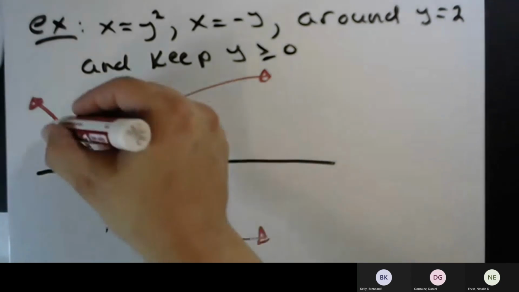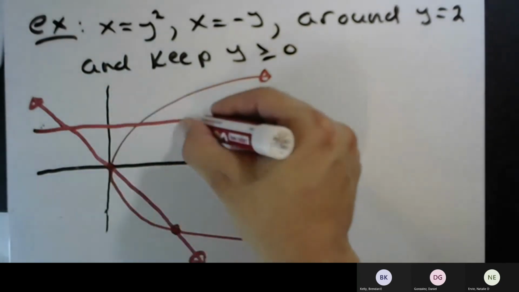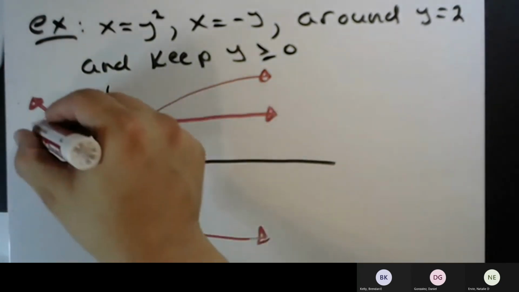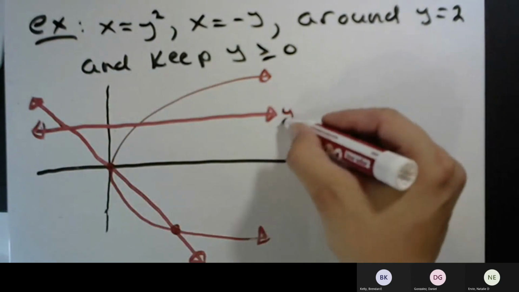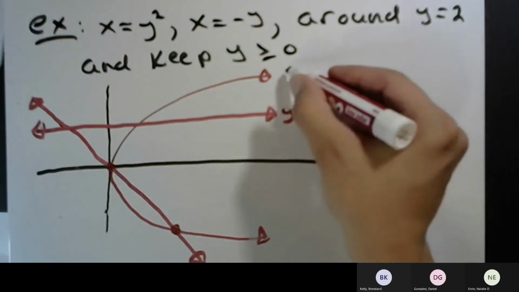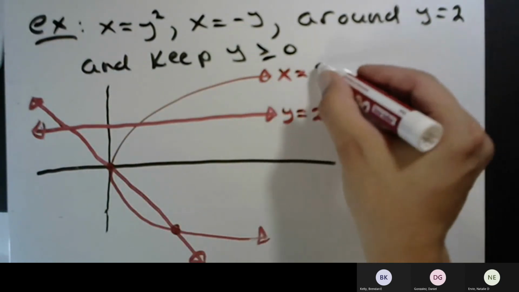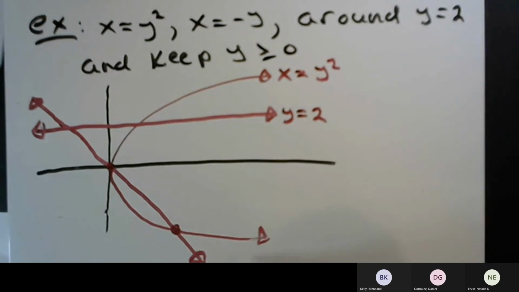And then we're going to have y equals 2. Let's see, in this one, x equals minus y.